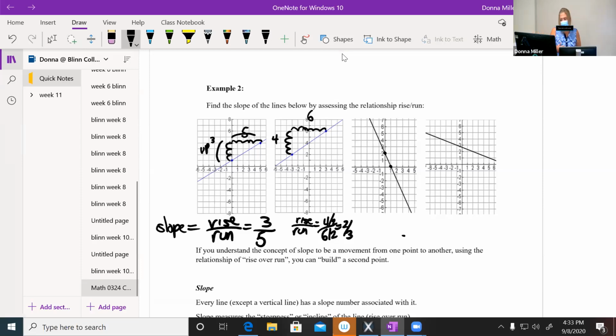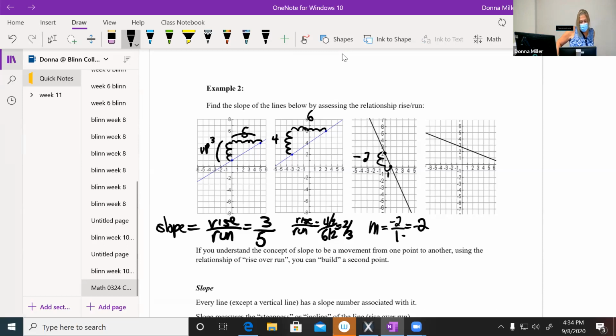Okay, so I'm going to do rise over run. To go from one to the other, I'm going down 2, and the rise will be negative 2, and I'm falling, and over 1. Right? So my slope will be negative 2 over 1. Rise over run. Now I don't need the negative 1, it's just negative 2, right? It's the same thing as negative 2. That gives my slope.